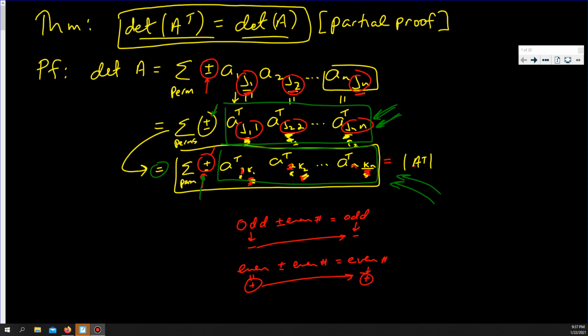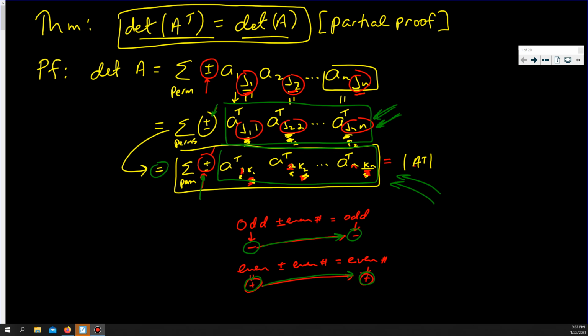And remember, an even number includes 0, so just in case they're the same, I can get away with saying that they differ by an even number. That is, the parity won't change. If you're negative and you add an even number of inversions, it'll stay negative. If it's positive and you add or subtract an even number of inversions, it'll still stay positive.